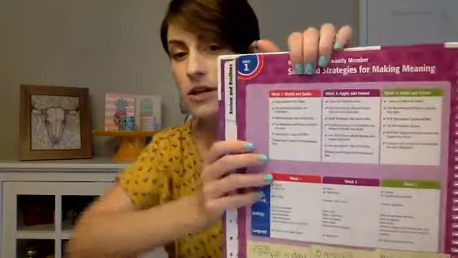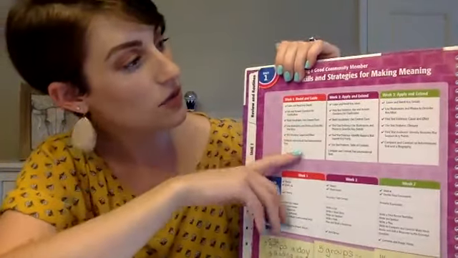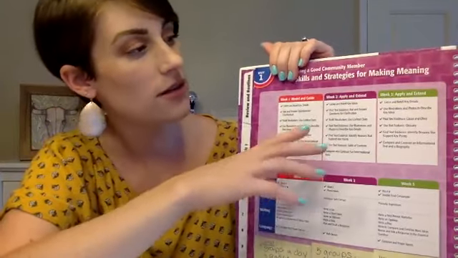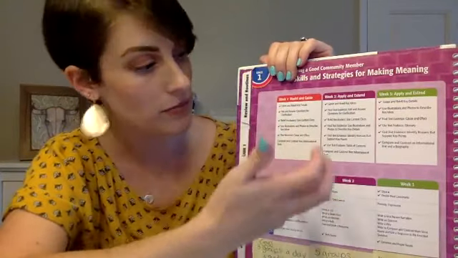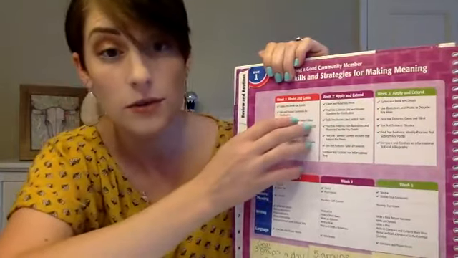Now, the skills and strategies has all 3 weeks laid out for you in terms of what I call the close reading skills, the phonics, fluency, writing, and language. I always start with these close reading skills. The close reading skills are anything that are comprehension-based. These are going to be your mini lessons that revolve around teaching the reading strategies that are in your Common Core standards. So your main 9 Common Core standards reading strategies are going to be these close reading skills.